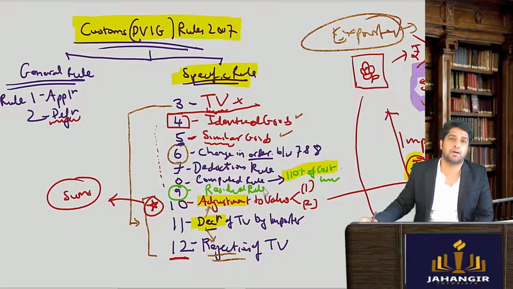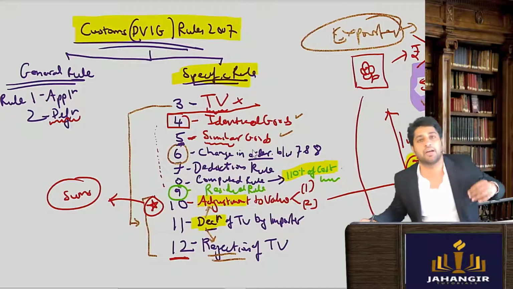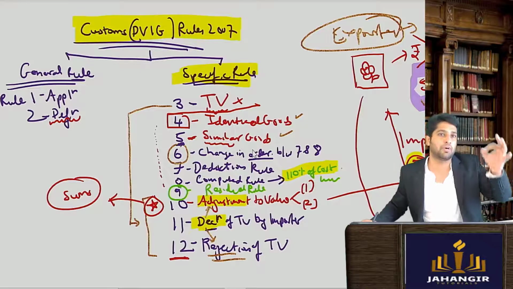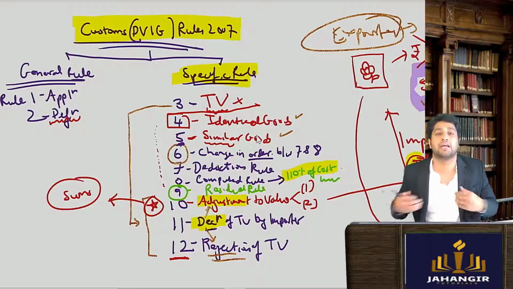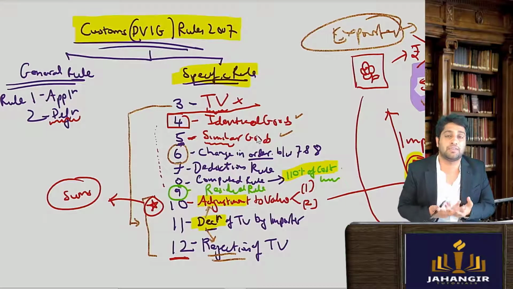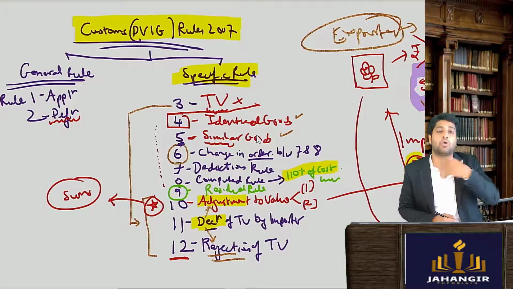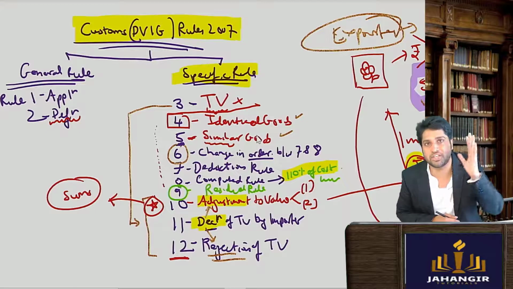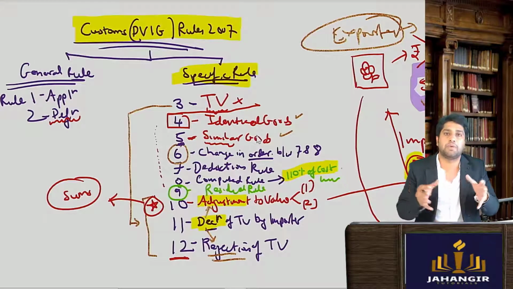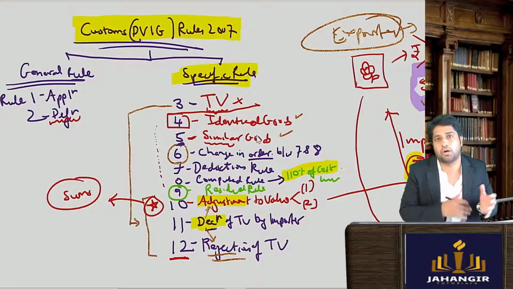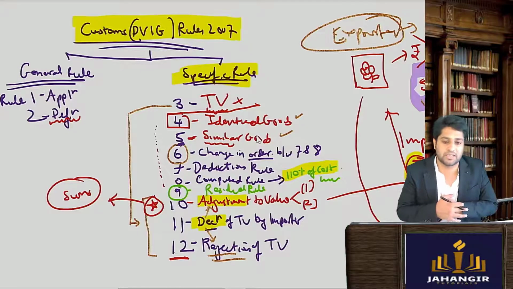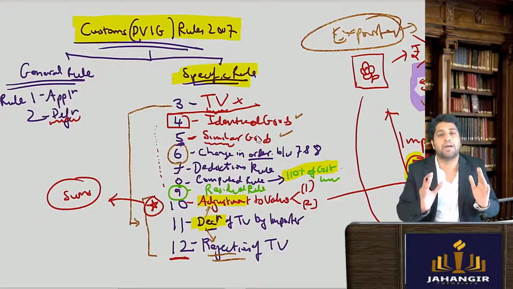Residuary rule मतलब क्या? Best judgment assessment, that if the value could not be computed as per the rules prescribed, then the proper officer will fix a value to the goods according to what he feels, according to his best judgment, according to the principles and the rules of valuation rules, sections, etc. He himself will fix the value on the basis of his best judgment.